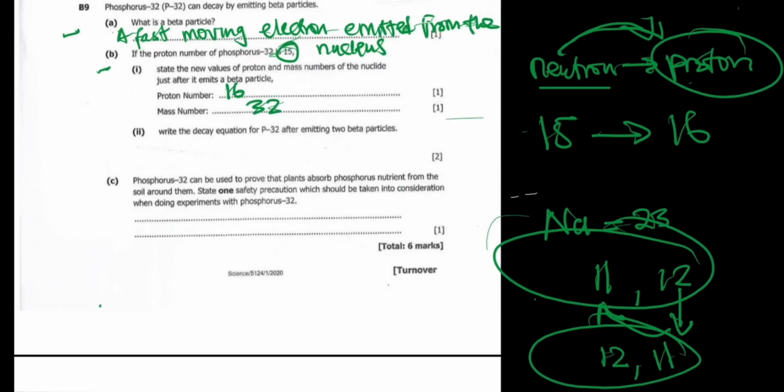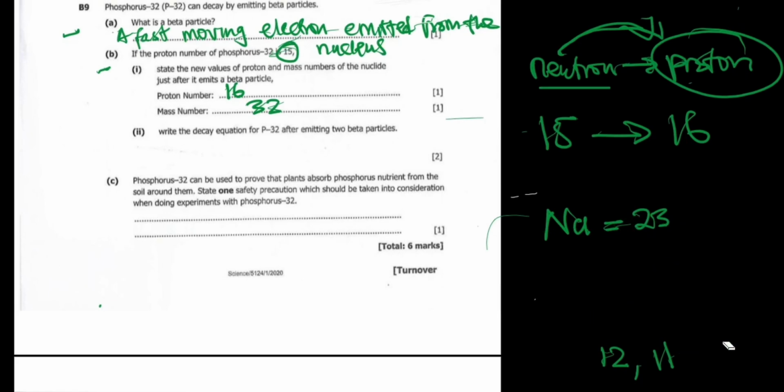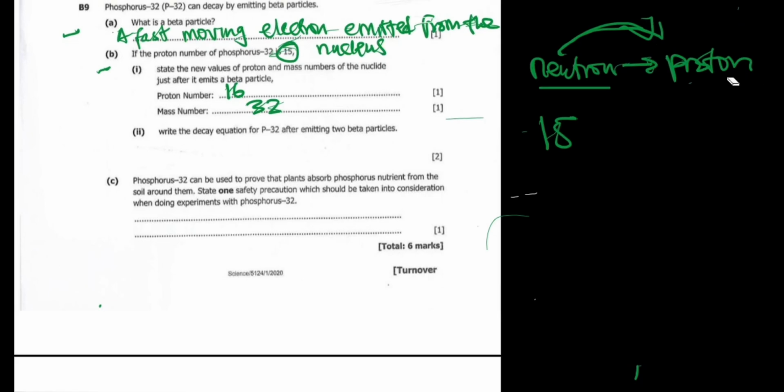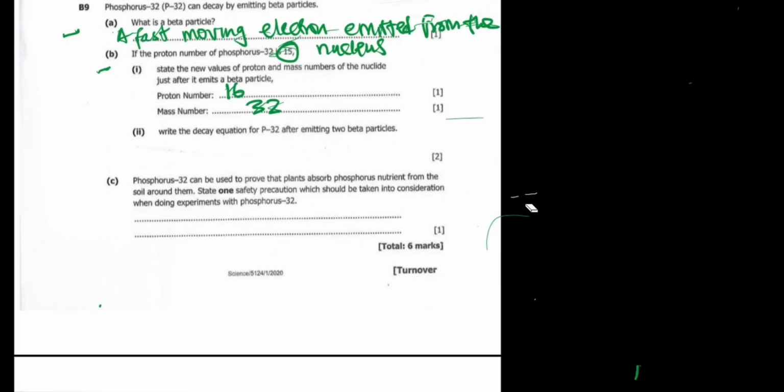Now, the next question is write the decay equation for phosphorus-32 after emitting 2 beta particles, which means 2 neutrons are going to be converted into protons. So the first thing that you want to write here is the phosphorus atom, which is P, and then here you have the atomic number, which is 15. Then after it emits 2 beta particles, the atomic number is going to increase.